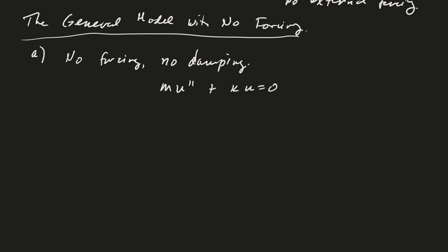And so putting in our characteristic equation, we see that r squared is minus k over m. And by the way, our constants are all positive here, right? m and k are positive.